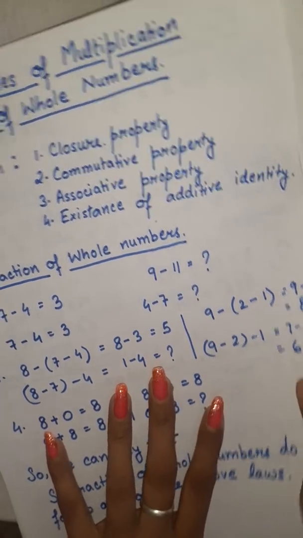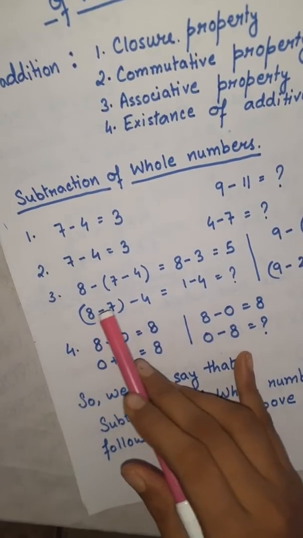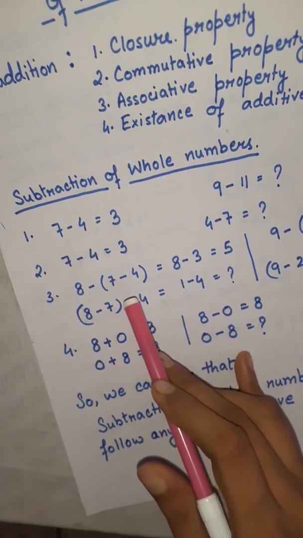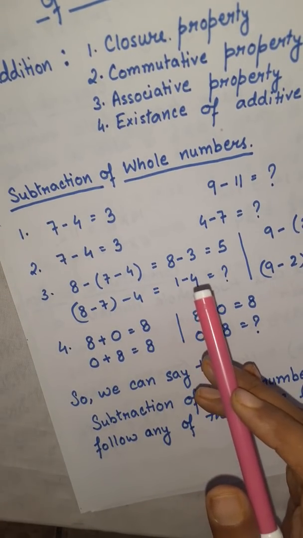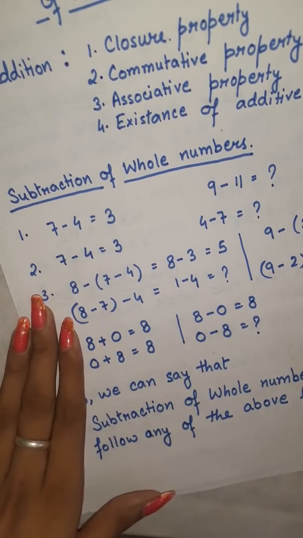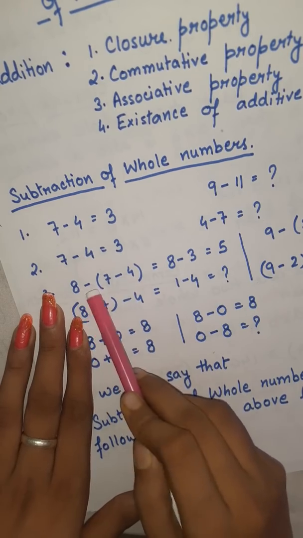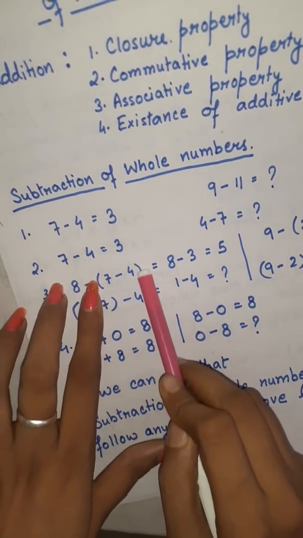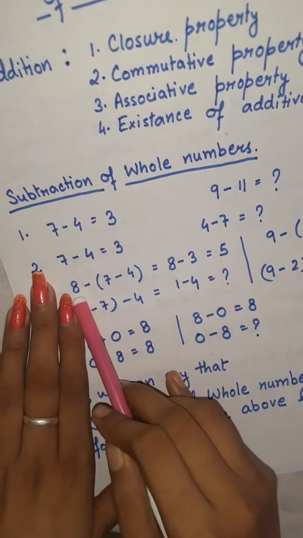Correct? Let us talk about associative property. In addition, we used to take two numbers together, and irrespective of their order we get the same result. So for subtraction, we will simply change the operation, right? 8 minus 7 minus 4. We are first subtracting 7 minus 4 and then taking that result out from 8.